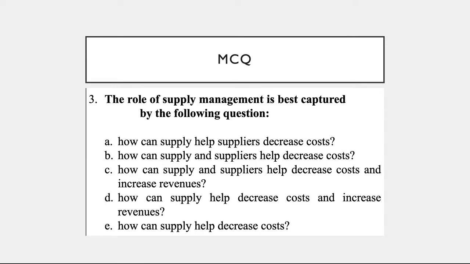E, how can supply help decrease costs? Here the answer is C. And as we know, supply contribution should not be perceived as only focused on costs. It should also focus on increasing revenues. So the answer is C.